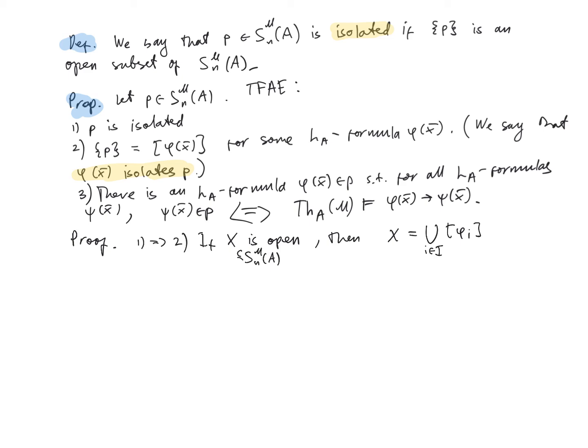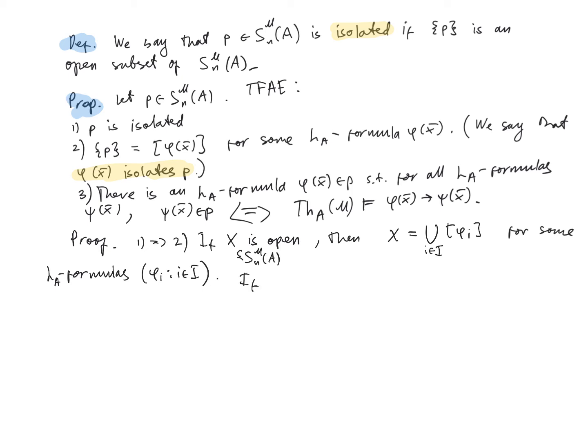So X is a union of the sets of the form square brackets phi i for some formulas phi i for i in I, and these are LA formulas, of course.